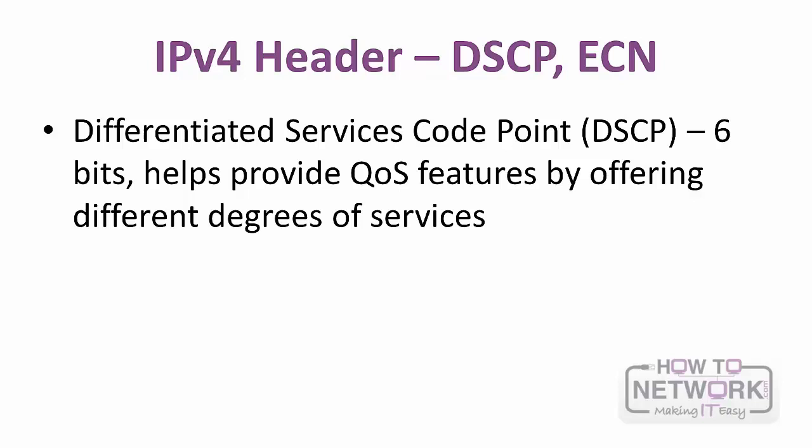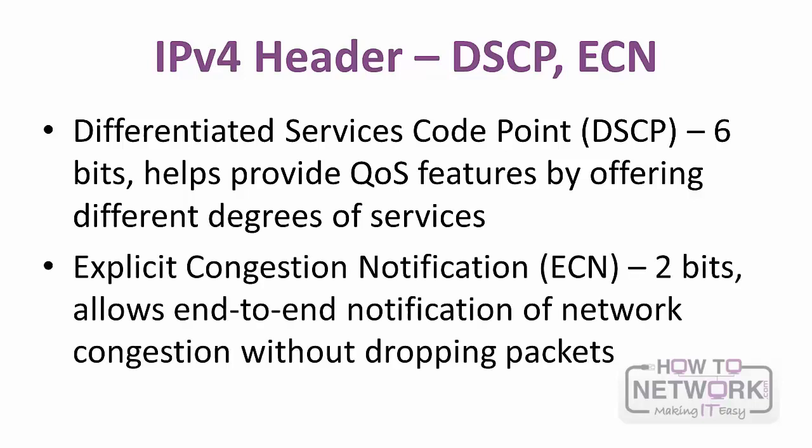When multiple packets are queued to be transmitted from the same interface, the DSCP value can be used to decide which packet is sent when. ECN allows end-to-end notification of network congestion without dropping packets. ECN is an optional feature that is only used when both endpoints support it and are willing to use it. It is only effective when supported by the underlying network.